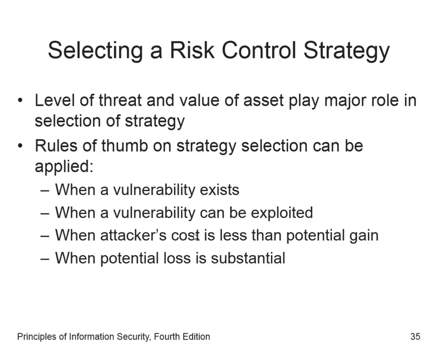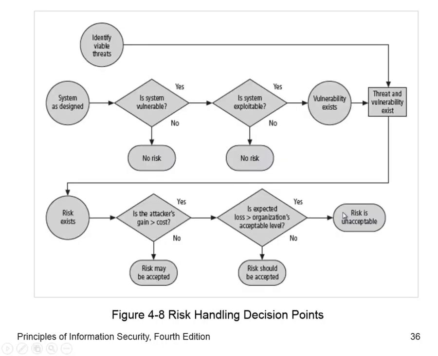When potential loss is substantial, apply design principles, architectural designs, and technical and non-technical protections to limit the extent of the attack, thereby reducing the potential for loss. This figure shows the process of risk handling and decision making points.